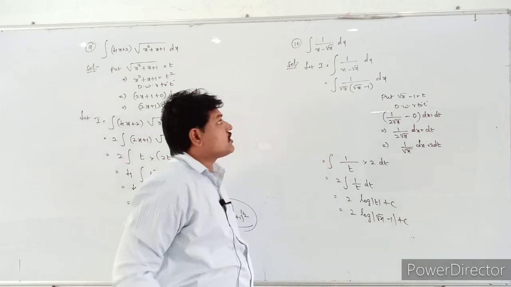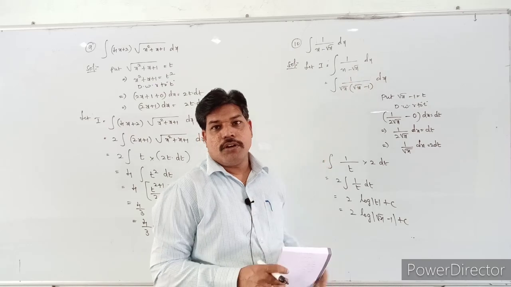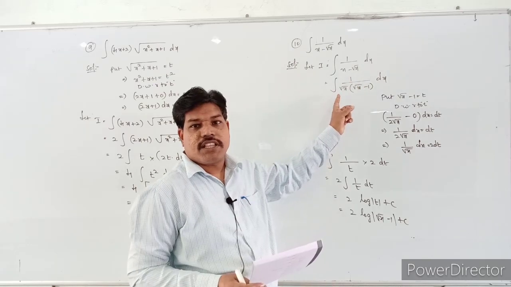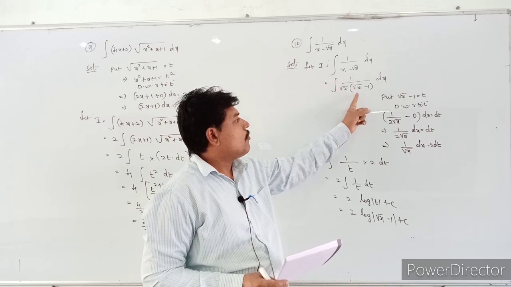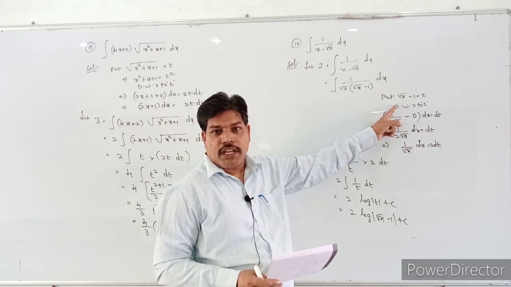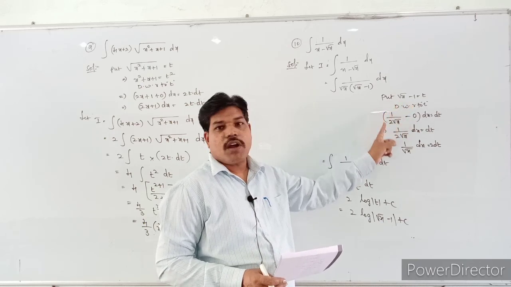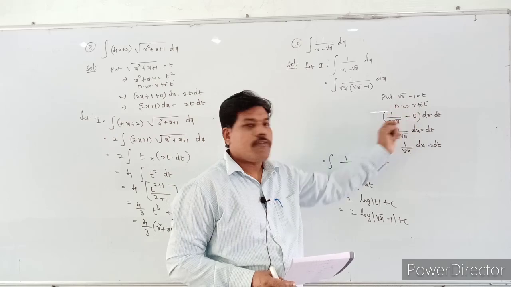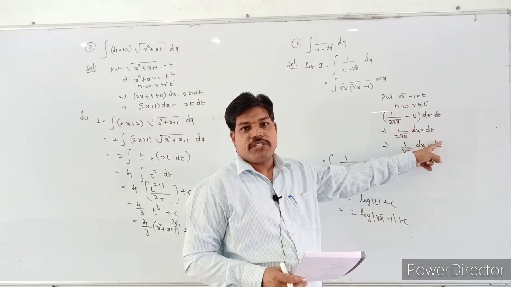See that question, students, once again. Integral of 1 by x minus root x into dx. Take root x common first, it will become root x minus 1 into dx. Take root x minus 1 is equal to t. Root x derivative is 1 by 2 root x, minus derivative of 1 is 0. So 1 by 2 root x into dx is equal to dt.